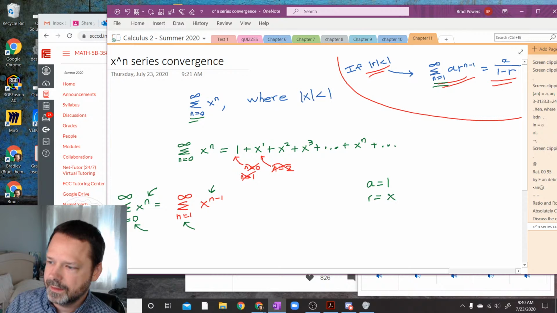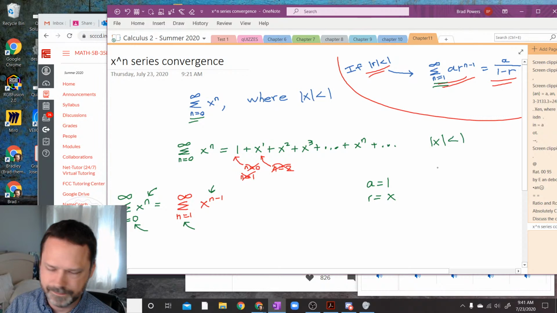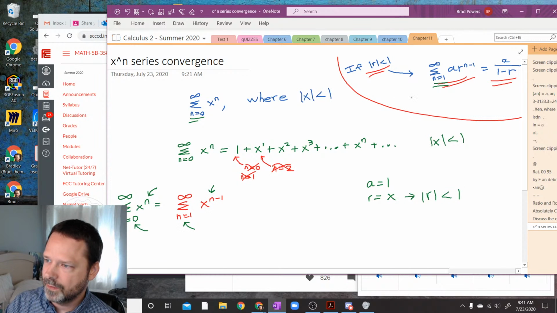And we have that the absolute value of x is less than 1, which means the absolute value of r is less than 1. So I can use this formula and plug it all in. What I'm going to get here is a over 1 minus r. a is 1, over 1 minus r, which is 1 minus x.